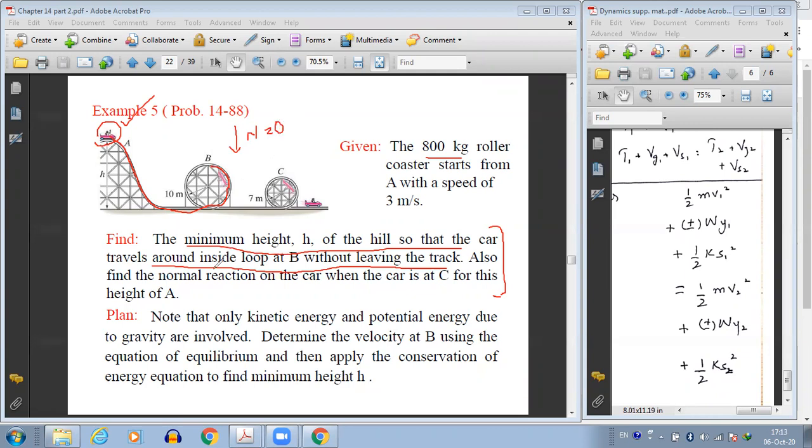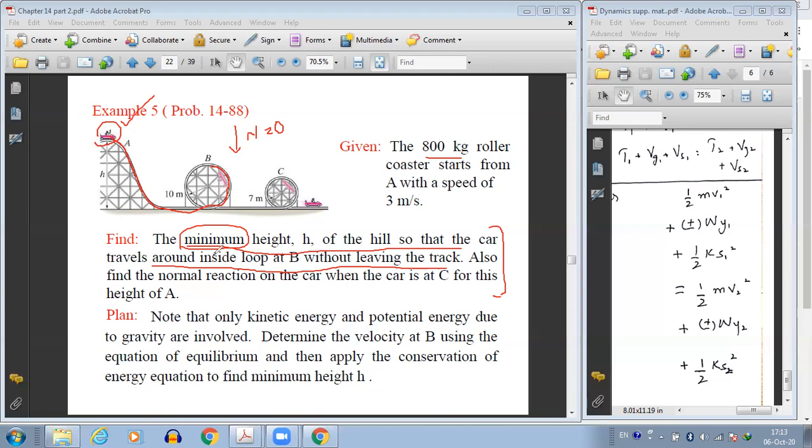So we want to find out the minimum height such that it moves through the loop B without leaving the track. Since we want to know the minimum height, we need to find the point when it actually leaves the track. What should be the height when it actually leaves the track? That would be the minimum height. You can keep the height higher than that, not less than that.